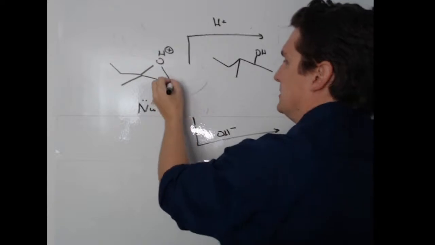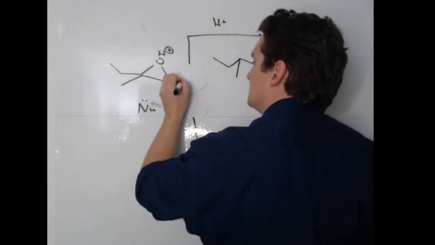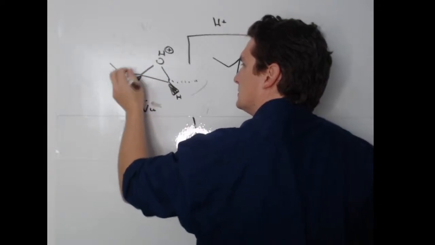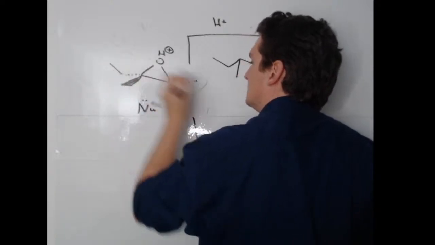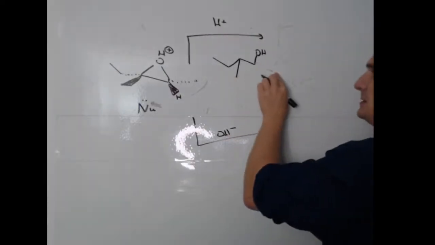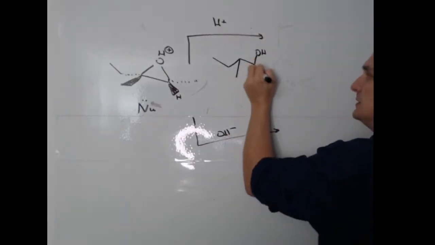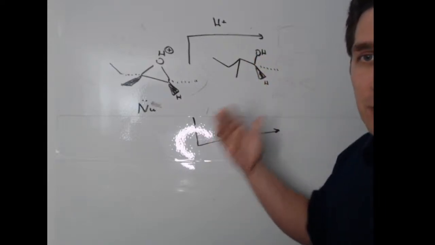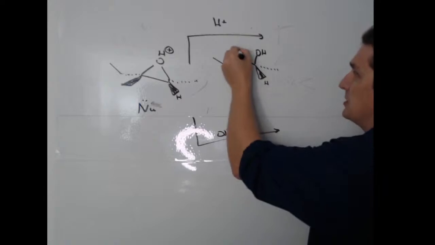So I guess I should be drawing in some stereochemistry here. When we open up this oxygen, we've got the hydrogen going back, and we've got hydrogen coming forward and the methyl group going back. And we end up generating our carbocation intermediate.